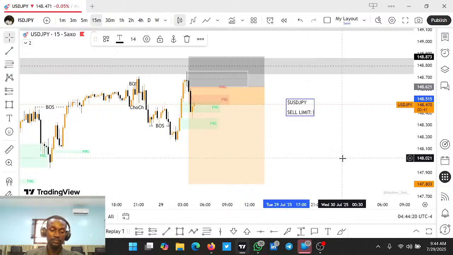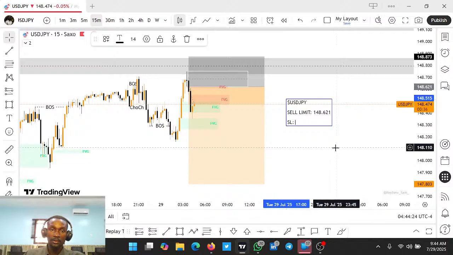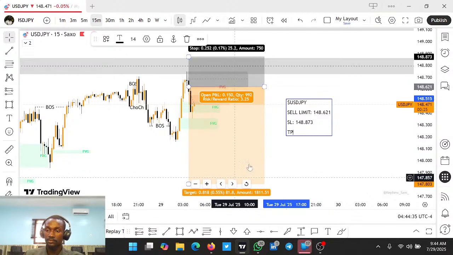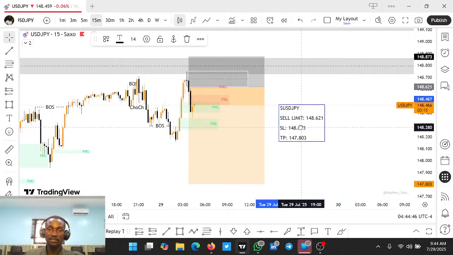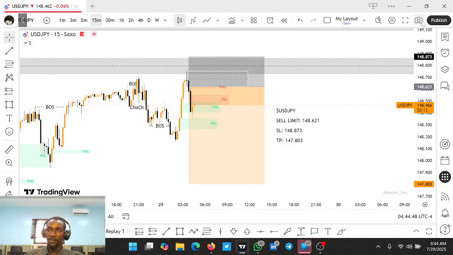Stop loss. So we should have what? A sell limit order on USDJPY, because I'm selling USDJPY.